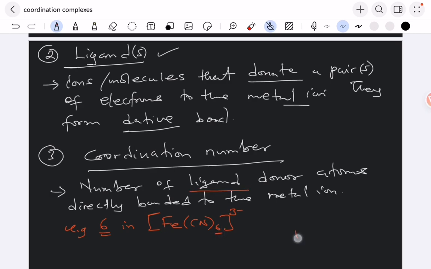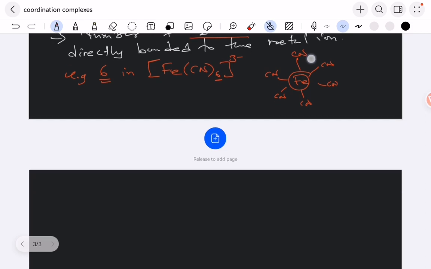There are 6. So we have Fe, and then there are 6 cyano that are directly bonded to the metal. So that is the coordination number. It tells us the number of ligands that are directly bonded to the metal.